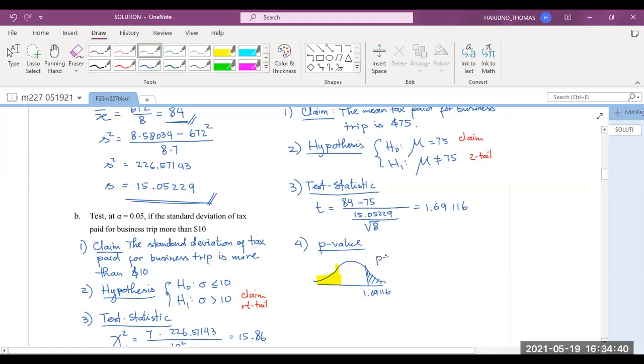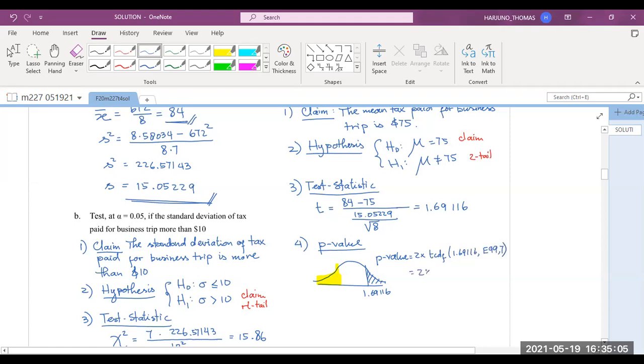So p-value is 2 times normal CDF. Oh, I'm sorry, not normal CDF, T CDF. 2 times T CDF, 1.69116, degree of freedom 7.